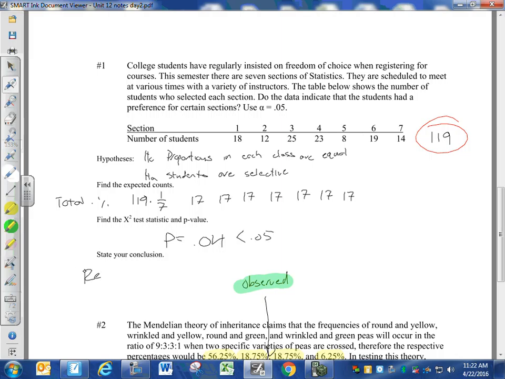So I will say, reject the null hypothesis. It appears students are selective in their class decisions.